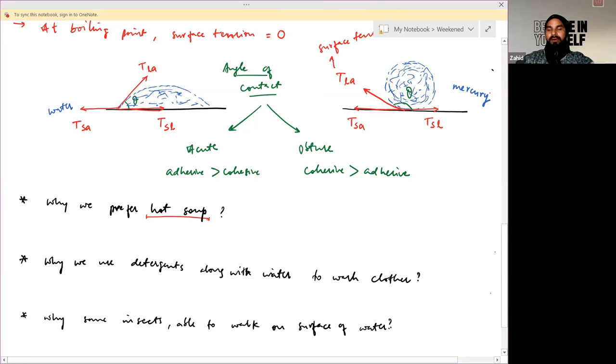And since our tongue consists of different taste buds in different regions, the soup will reach the maximum taste buds, so it will taste better. Is it clear?